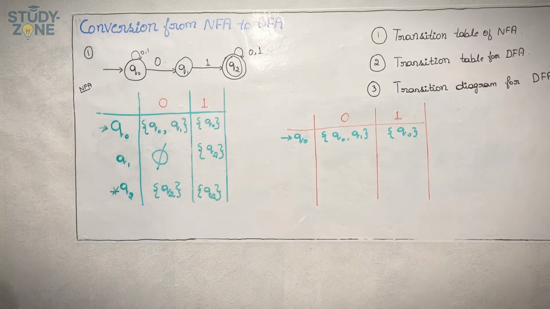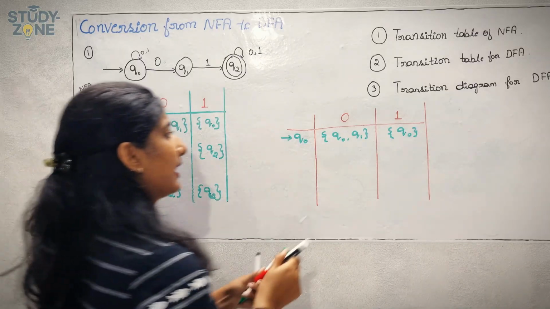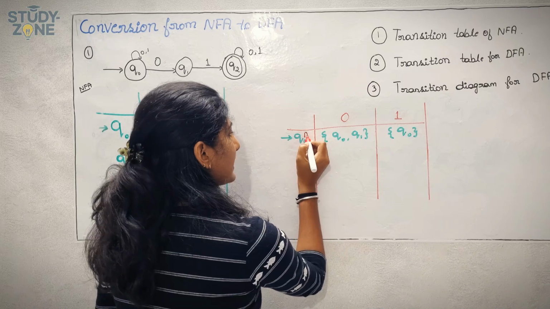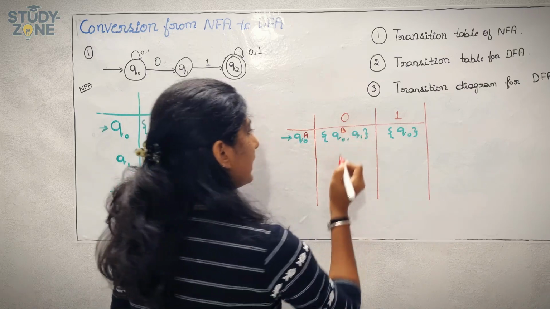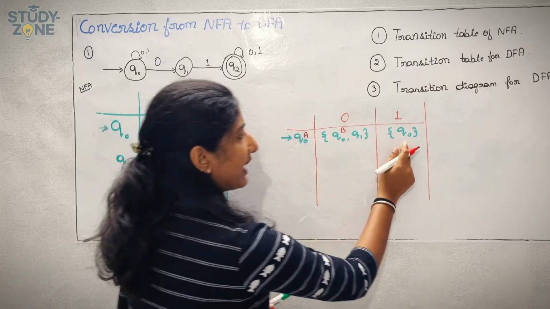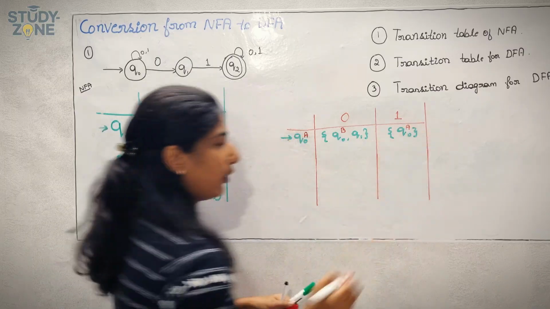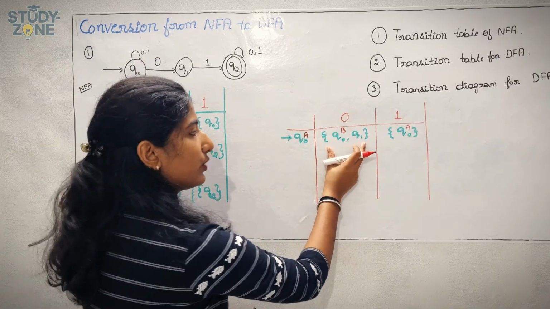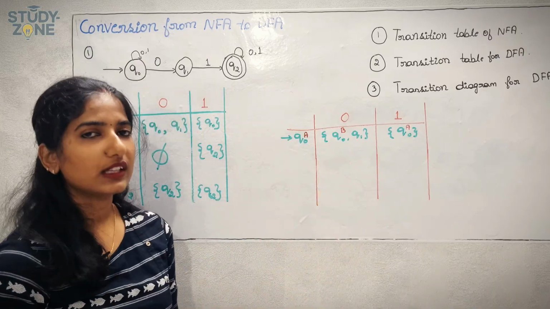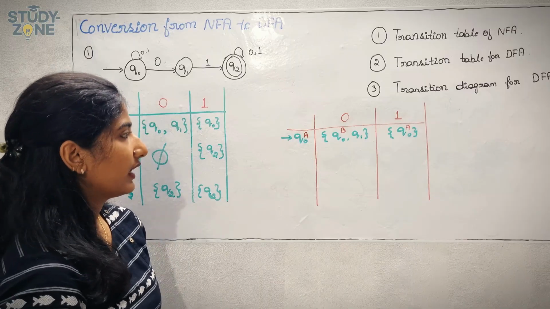I will name Q0 as A and Q0, Q1 as B. Q0 is the same as before, so I will name this as A only. Clear? For a new set, we have to represent it with a new name. That's it.